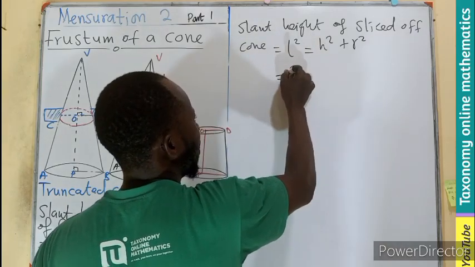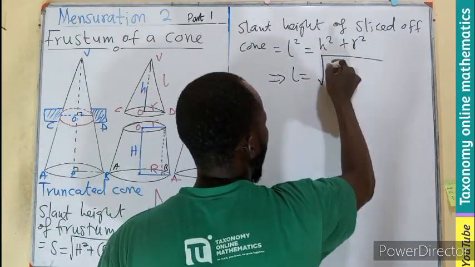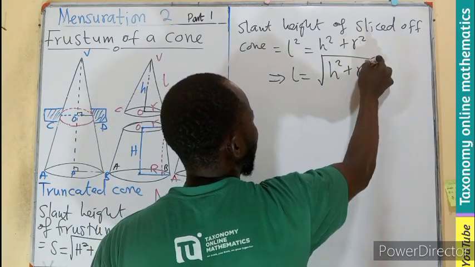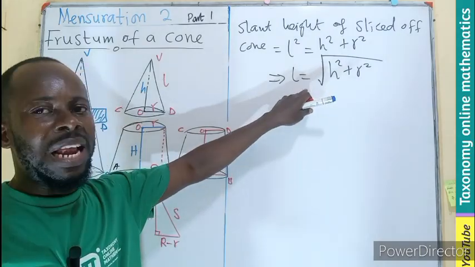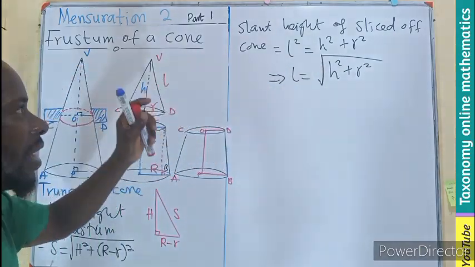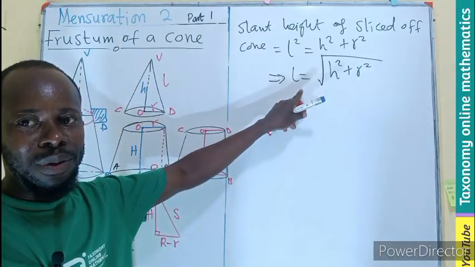R squared. Meaning that will give us L equals the square root of H squared plus R squared. So this is to find the slant height of the sliced-off cone.